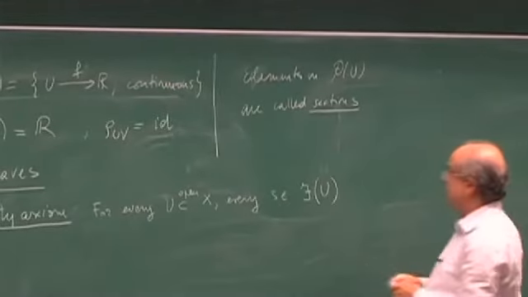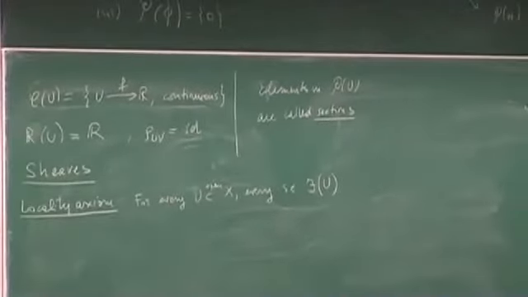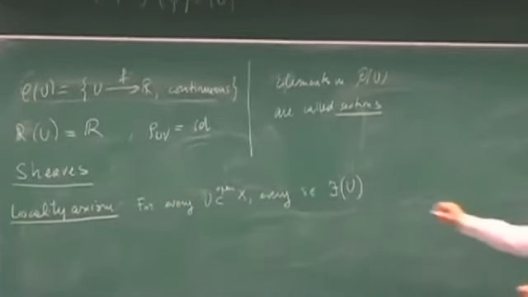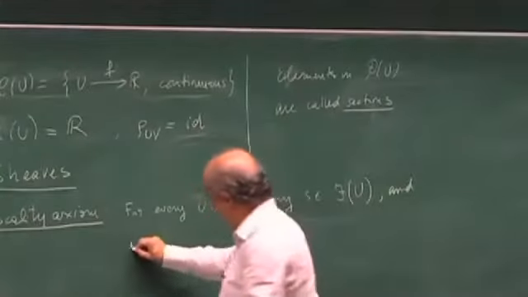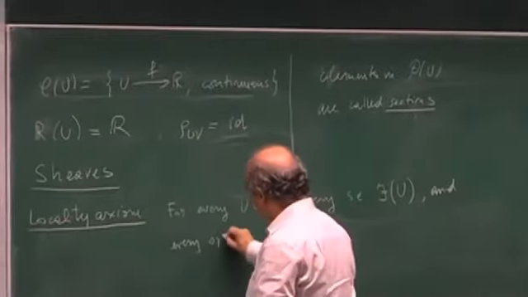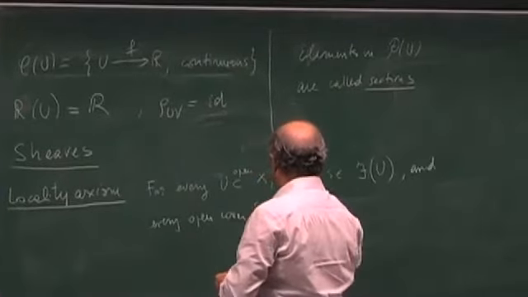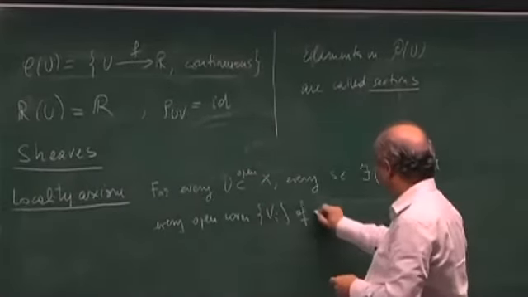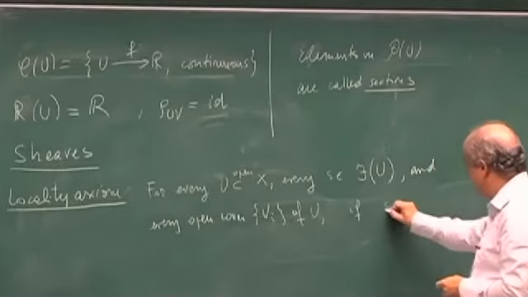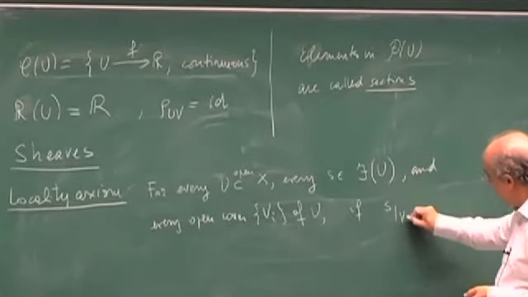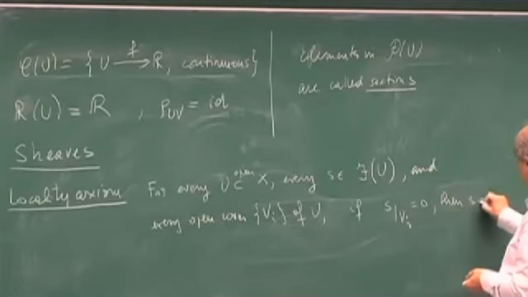So for every section in our sheaf over U, and every open cover Vi of U, if the restriction of S, let me denote it like this, to any Vi is 0, then S is 0.